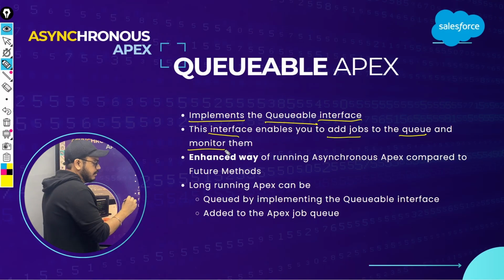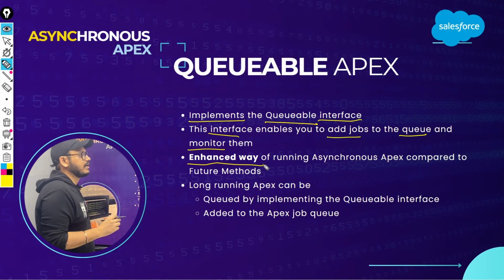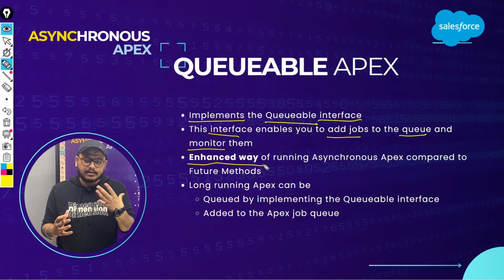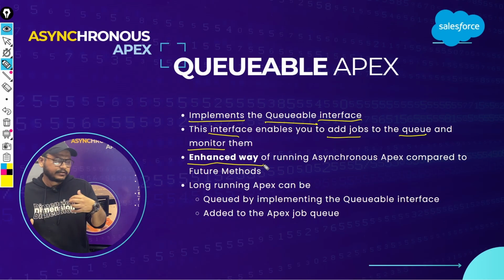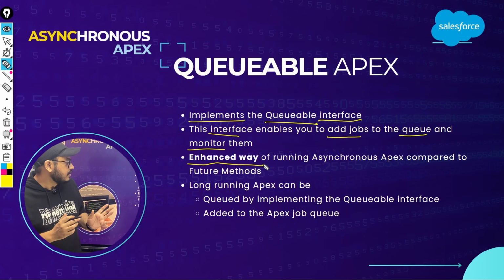Now, this is the key thing. In a way, this is an enhanced way of running asynchronous Apex compared to your future method. It is doing pretty much the same stuff, but in a slightly more advanced way.